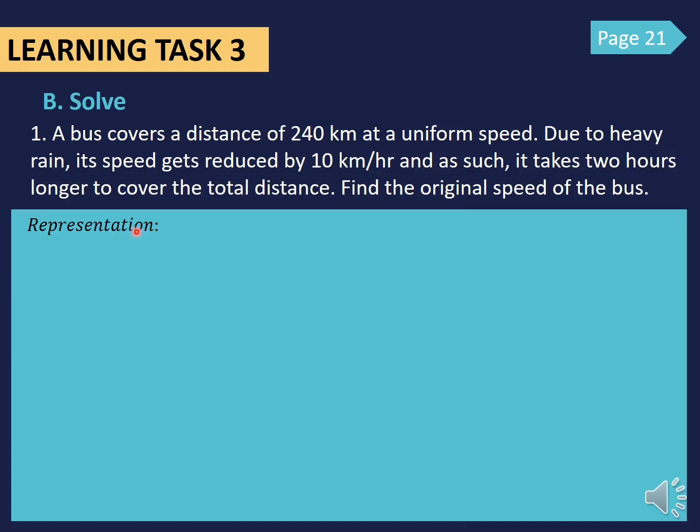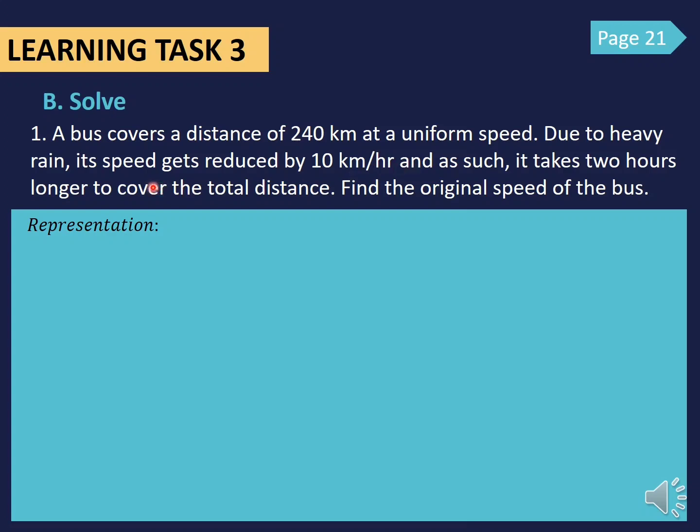And for that, we need to understand what our problem is all about. It states that a bus covers a distance of 240 kilometers. But due to heavy rain, the speed or rate is reduced by 10 kilometers per hour. Kaya, anong nangyari?